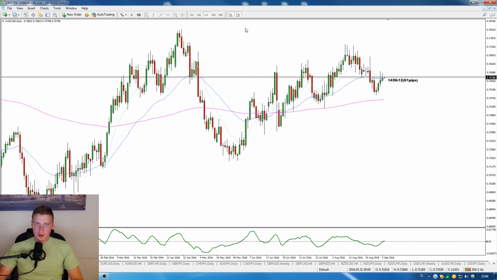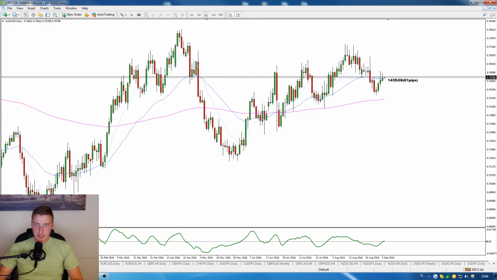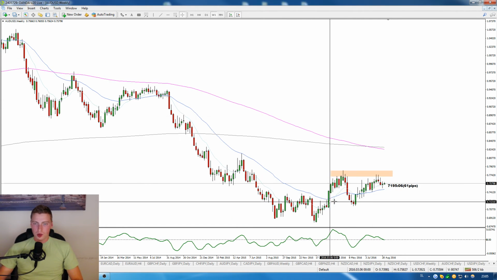Aussie dollar. Again, it is a conflicting situation. Why? I mean, price action is just messed up right here. Weekly is overall bullish because of breaking trend line.